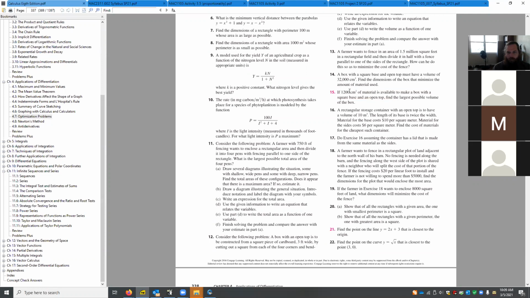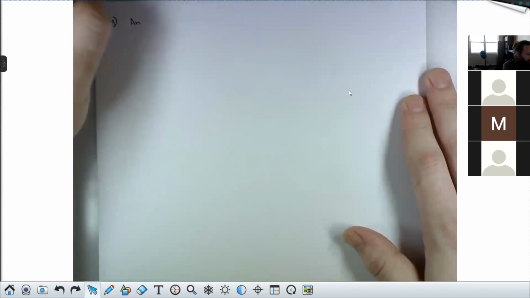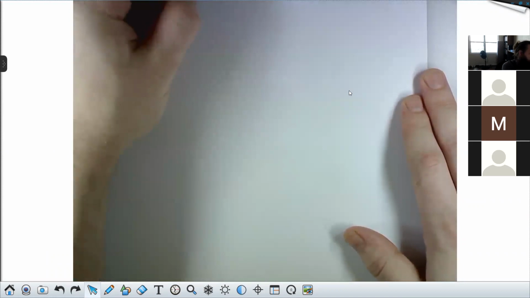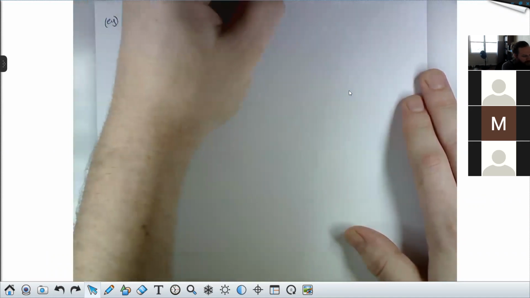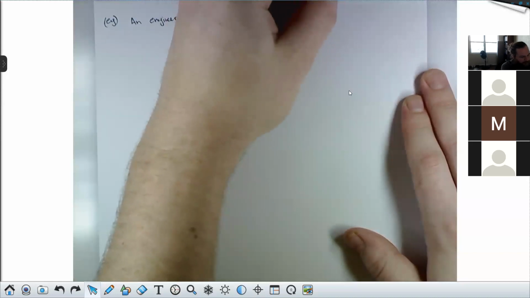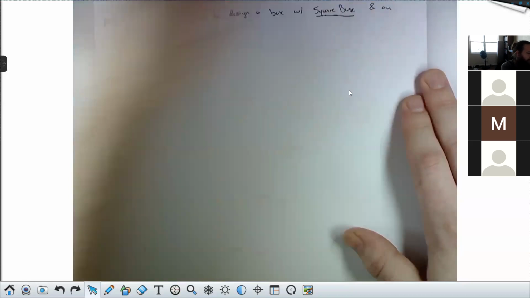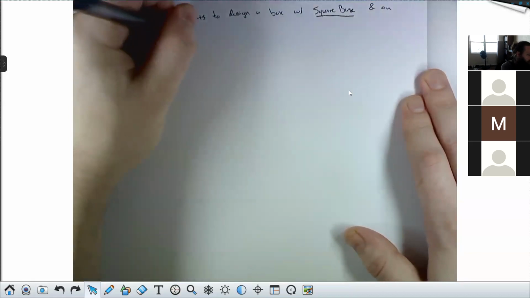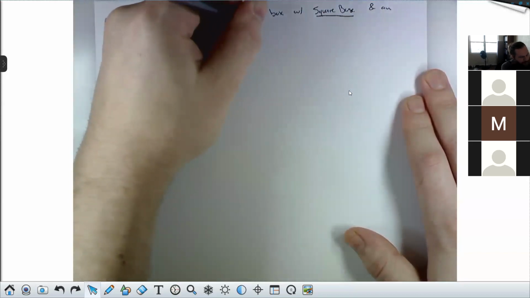So I've got 1200. An engineer, this is an applied optimization problem. An engineer wants to design a box with a square base and an open top using 1200 square centimeters of material.